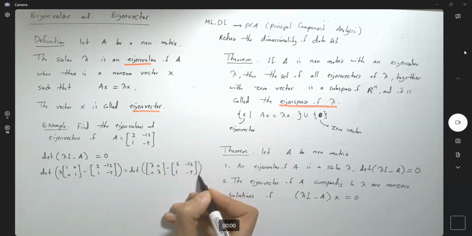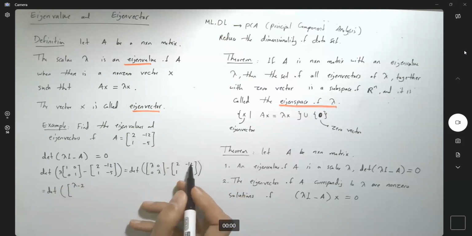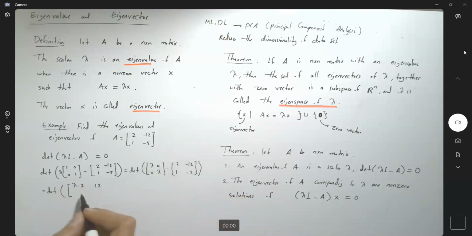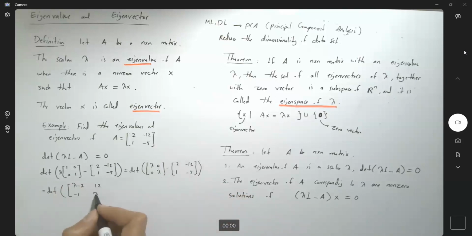Okay, let's combine these two and form the characteristic polynomial. So here you have lambda minus 2. Then you have 0 minus negative 12, which is 12. Then you have negative 1. Then you have lambda plus 5.